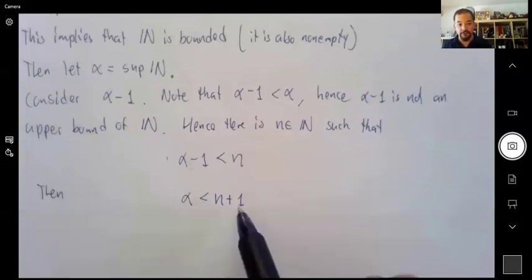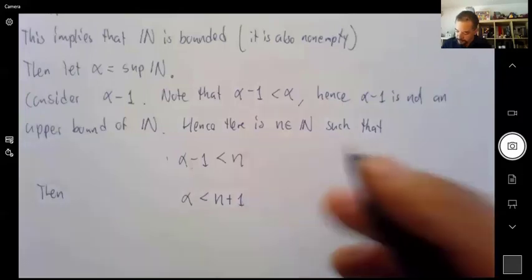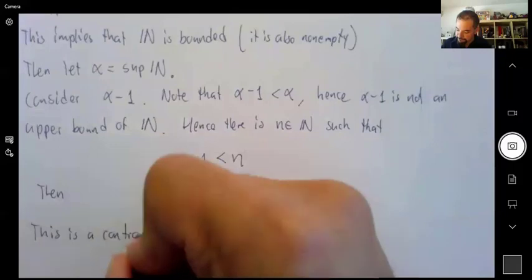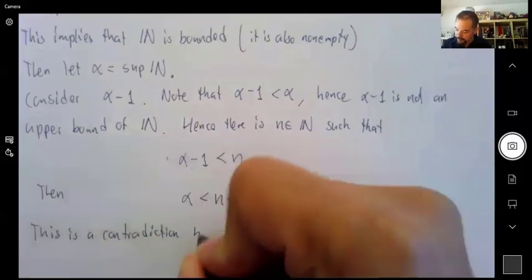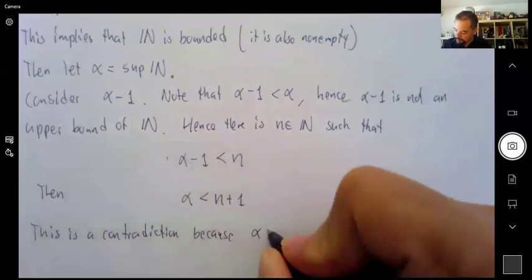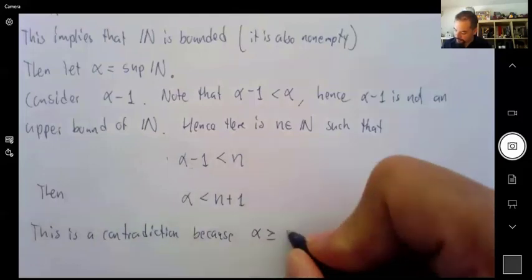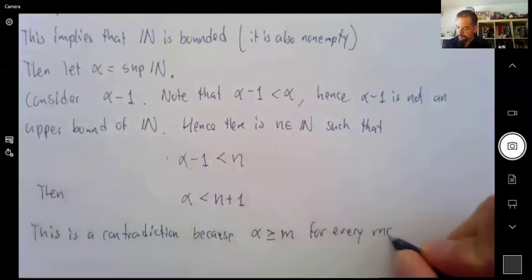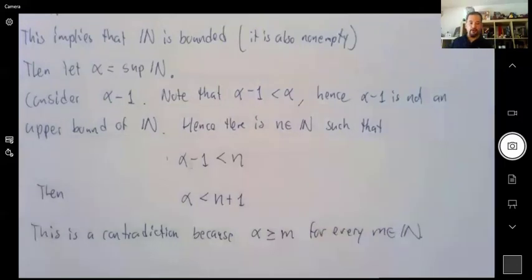That's a contradiction, because alpha was supposed to be bigger than every natural number. So we got a contradiction.